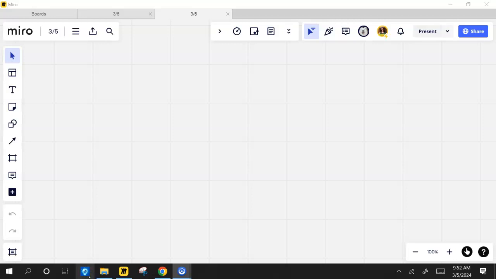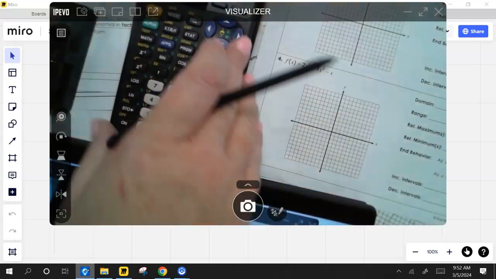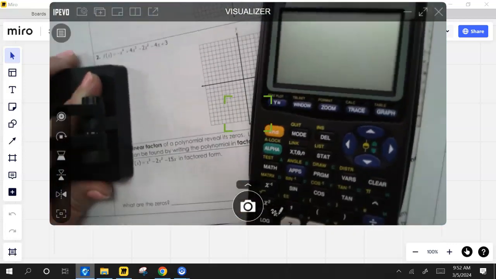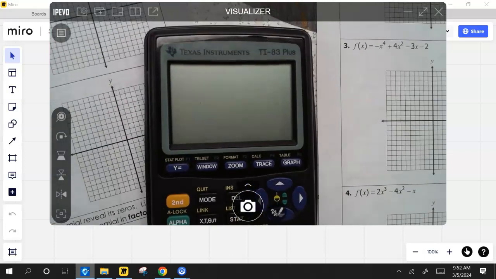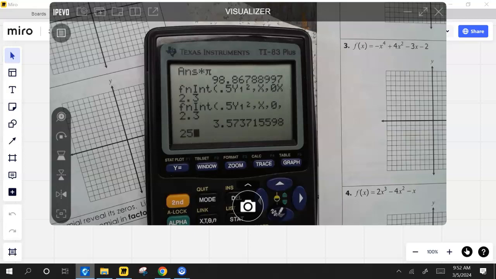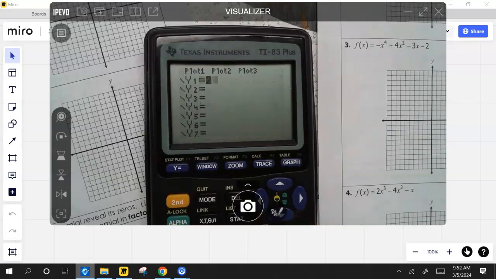Let's do number 4. So to do your increasing, decreasing, you need your maxes and mins, right? Or your turning points. So in y equals, I'm going to put this equation, 2x to the third minus 4x squared minus x.